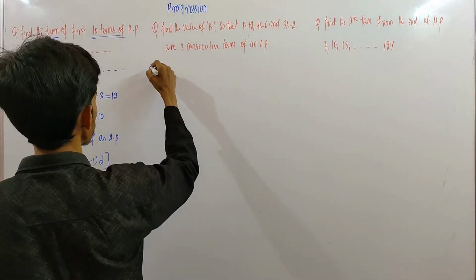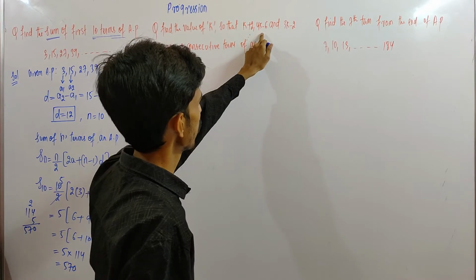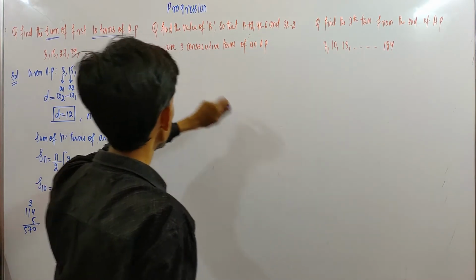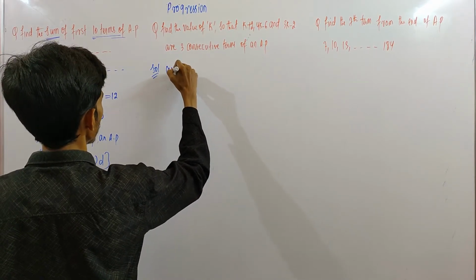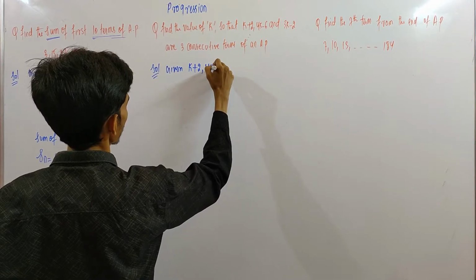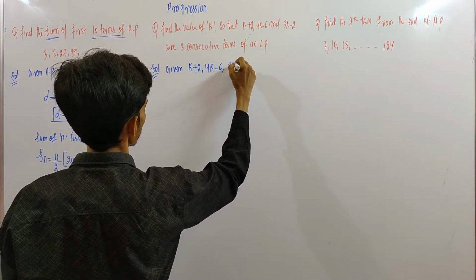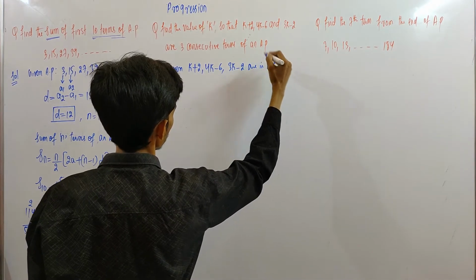Now the next question is, find the value of k so that k plus 2, 4k minus 6 and 3k minus 2 are 3 consecutive terms of an AP. So given k plus 2, 4k minus 6, 3k minus 2 are in arithmetic progression.